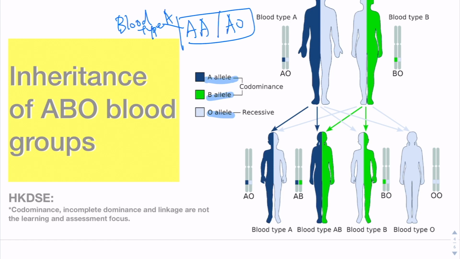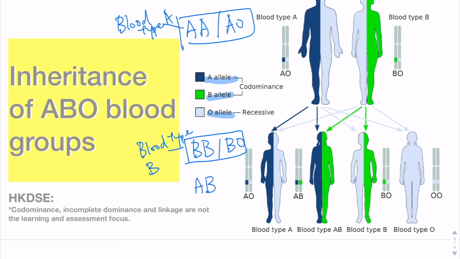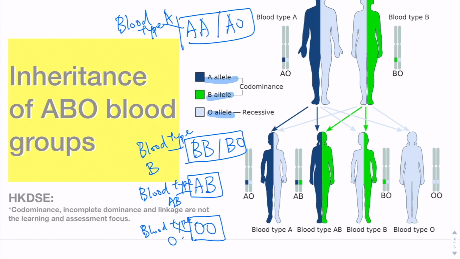If a person has BB or BO as the genotype, the blood type will be blood type B. Of course, if the genotype is AB, this person's blood type will be AB. And for the genotype OO, the blood type will be O.